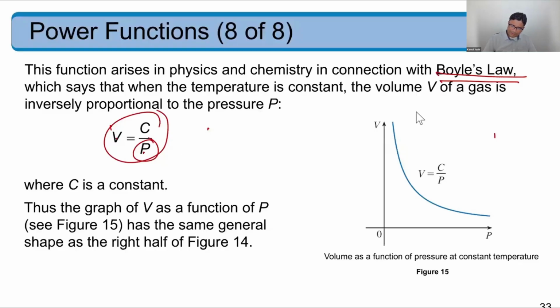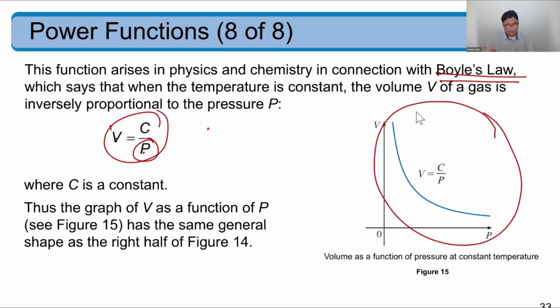But when you look at the graph, you will see only the right side of the hyperbola, because this is a real world problem. It doesn't make sense to have negative volume or negative pressure. Even when you apply mathematical models, you have to be careful. Sometimes you don't look at the whole purely mathematical part. You look at the real world restrictions and you restrict your domain. You look at only the positive values here.